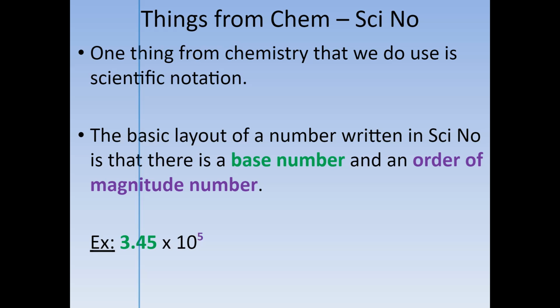Basically, the idea about the order of magnitude is it just tells you how many zeros there are, or how big of a number that is. Is this a number that's in the thousands, in the millions? So like 10 to the third means that your number is in the thousands. That's how big the number is. If the number was to the sixth, you're in the millions.